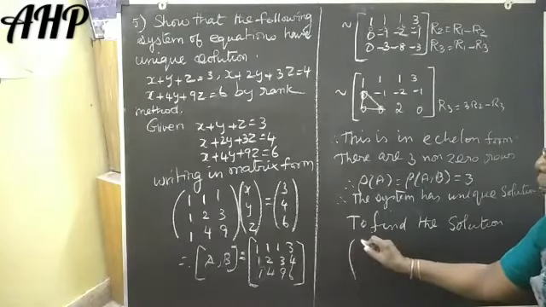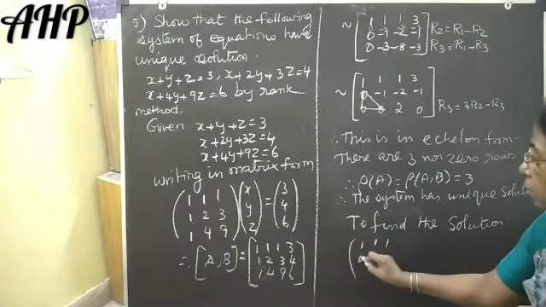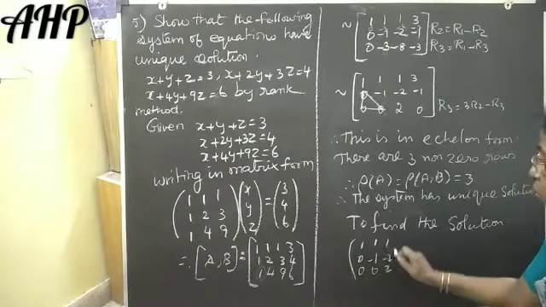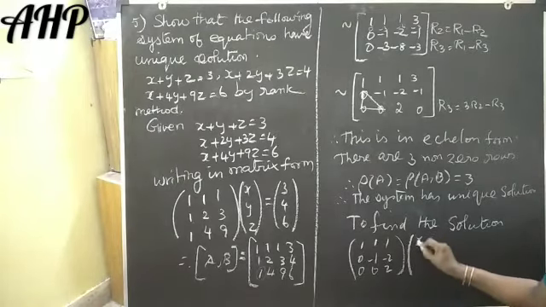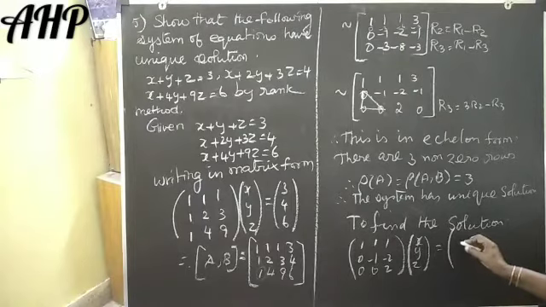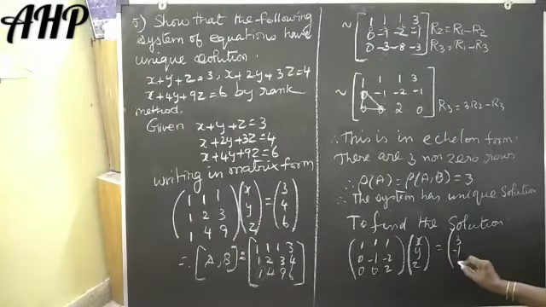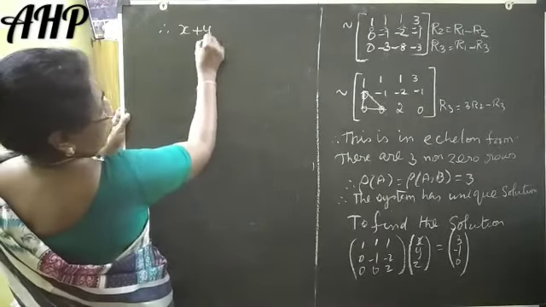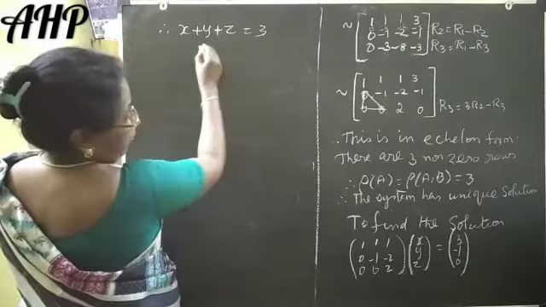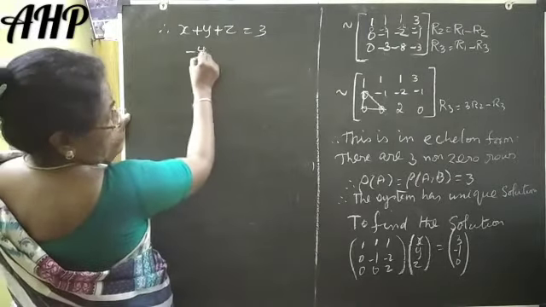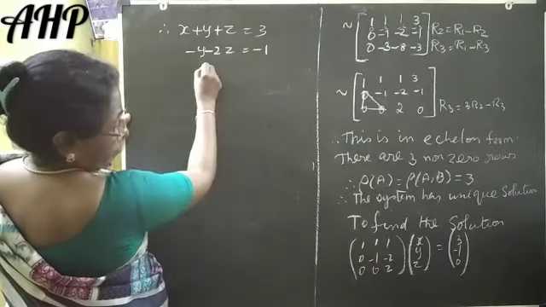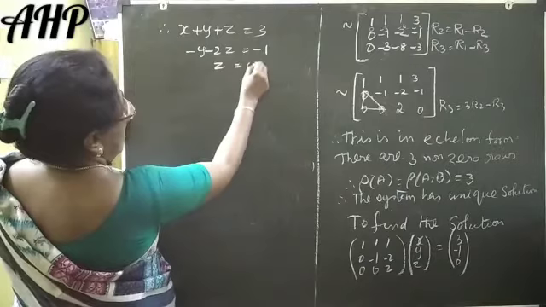That gives you [1, 1, 1; 0, minus 1, minus 2; 0, 0, 2] into x, y, z is equal to [3, minus 1, 0]. x plus y plus z is equal to 3, minus y minus 2z is equal to minus 1 and z is equal to 0.